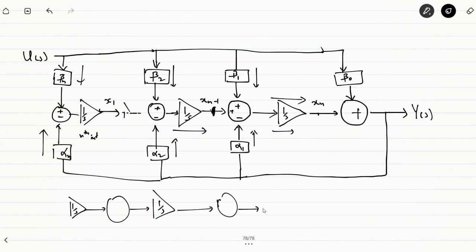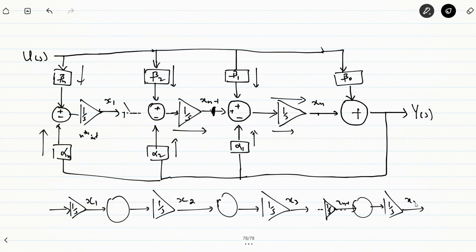In the first companion form, these integrators were not separated by a summer. So in this case, we'll be starting assigning the variables from the output of the leftmost integrator. So this is x1, this is x2, this is x3, so on. This will be xn-1, and from the nth integrator we'll be getting the output xn.